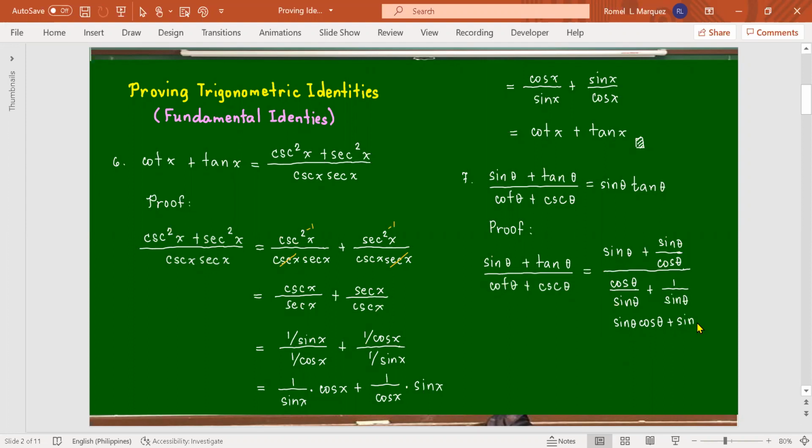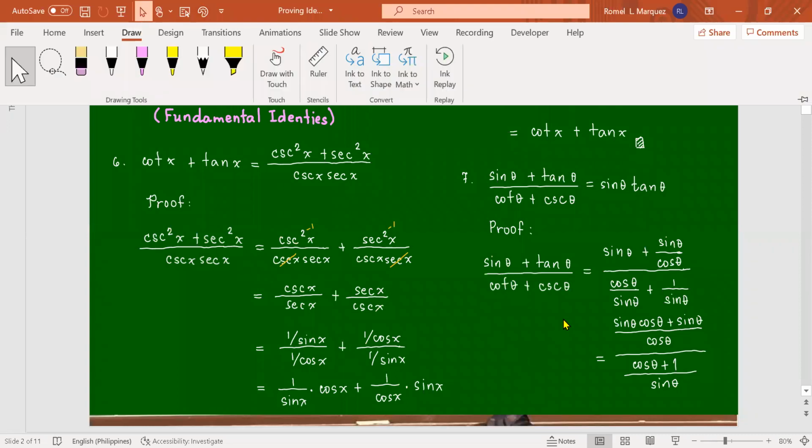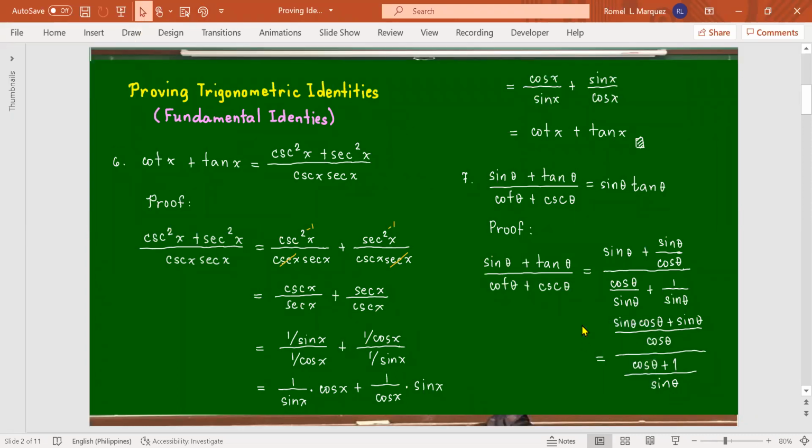So that is sine theta cosine theta plus sine theta all over cosine theta. And then in the denominator, the LCD of this is sine theta. So they have the same denominator, so all we have to do is combine them, getting cosine theta plus 1. Okay? So let me copy this because I'll be moving to the next slide.